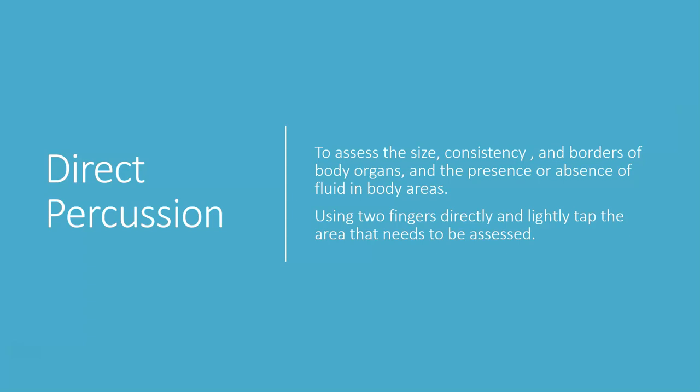A lot of times you might see this when you have a sinus infection or a head cold. Whenever you go see the doctor, they may tap over your sinuses to see if you have any tenderness there. So that would be an example of direct percussion.